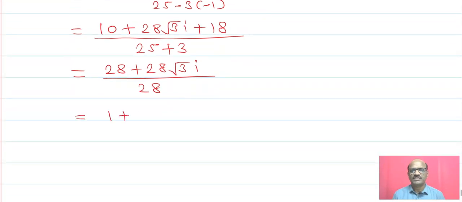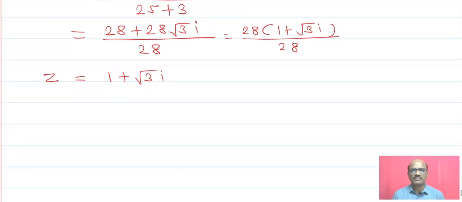Now take 28 as common, then you can cancel 28 from the numerator and denominator. Therefore Z is equals to 1 plus root 3i.